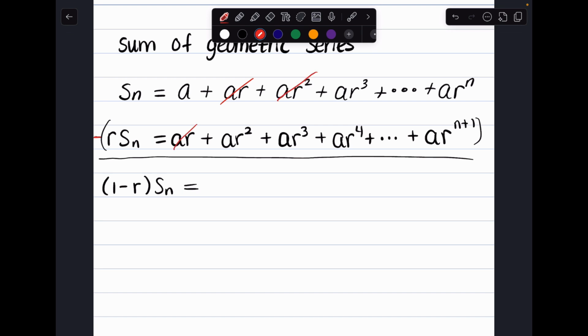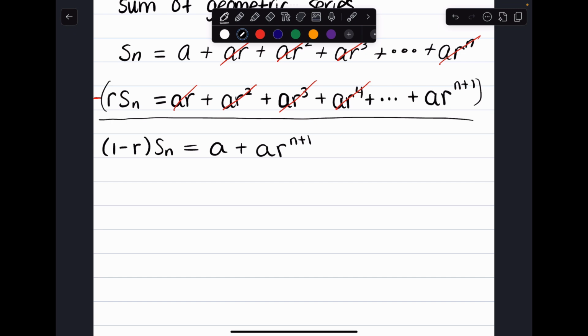Our ar squared cancels with our ar squared. Ar cubed cancels with our ar cubed. And we're going to continue canceling everything except for our a and our minus a r to the n plus 1.